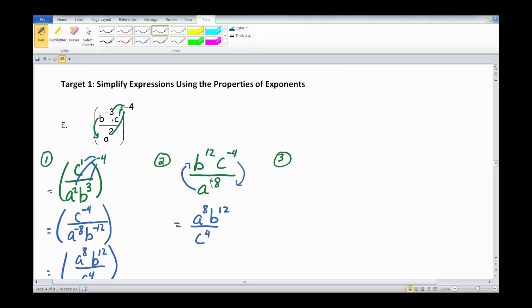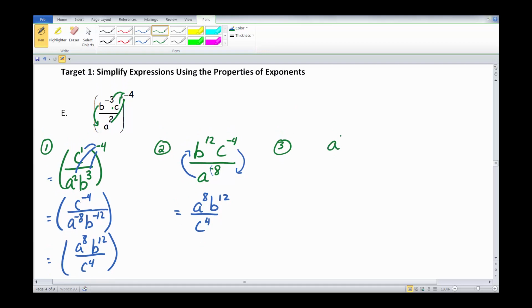So what that looks like is we have a squared on top divided by b to the negative 3rd, c to the 1st. And this is all raised to the negative 4th, or I'm sorry, now to positive 4th power. So again, we just flip the top and bottom and change the exponent to a positive.